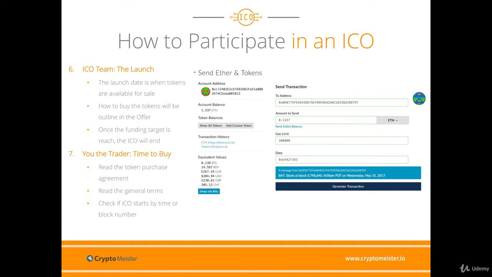Watch the ICO news online just to make sure there aren't any issues that you've missed. And an ICO might start by block number, so check out the Ethereum Block Explorer to monitor that. When the token sale starts, you will have to send the Ether payment to the address specified by the team.